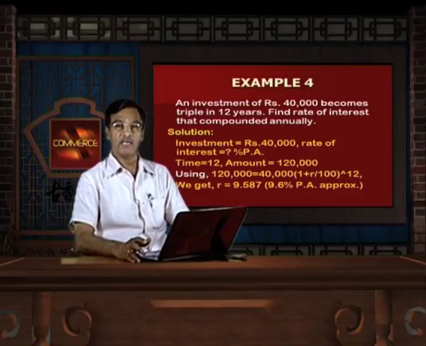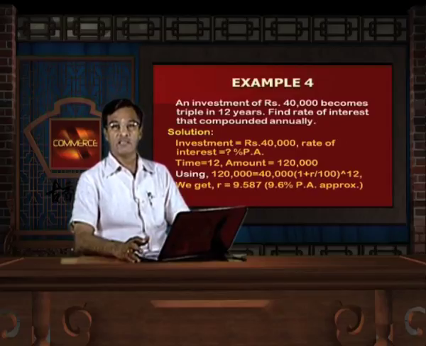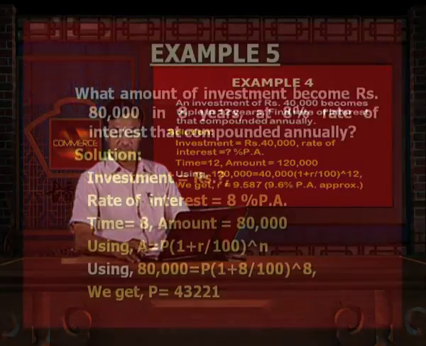Here we have calculated the rate of interest when amount, principal and time are given. Here the amount is 40,000, it is tripled in 12 years. So, the R is 9.6% per annum approximately.